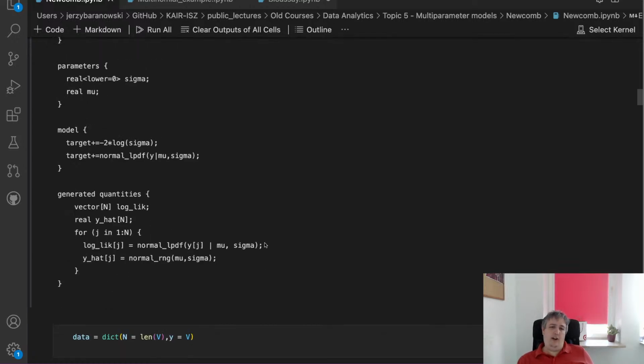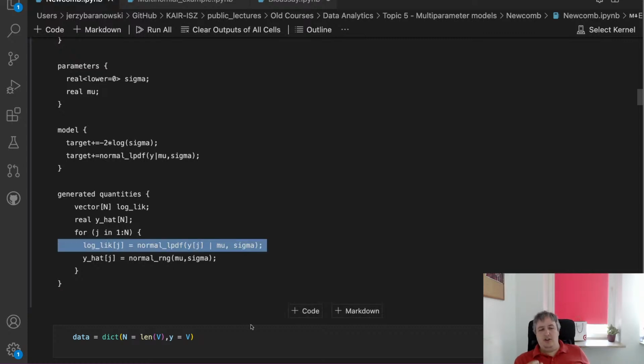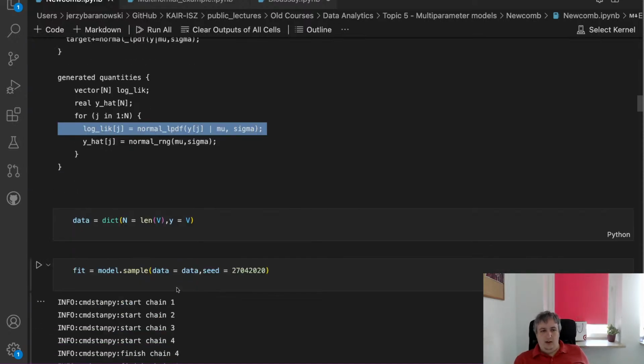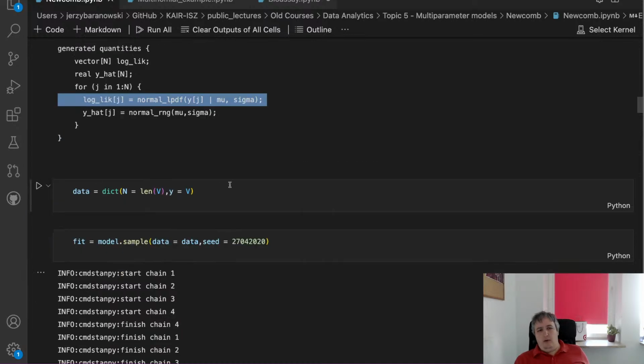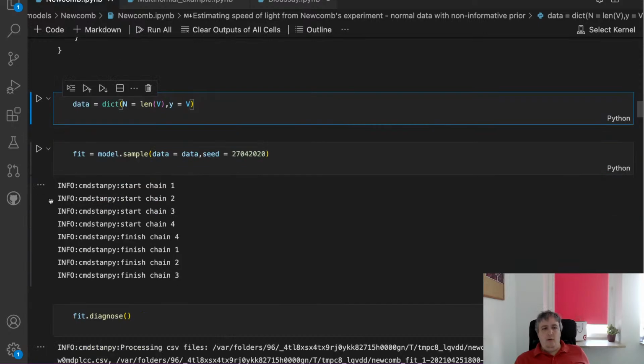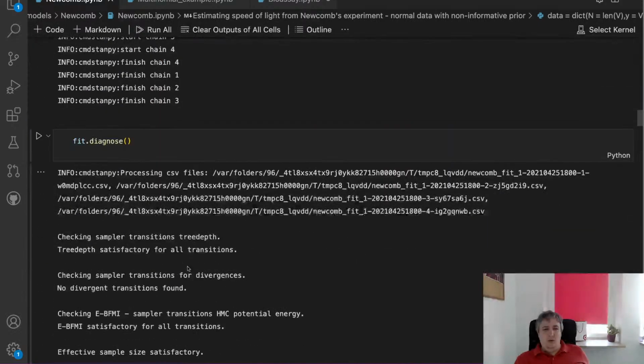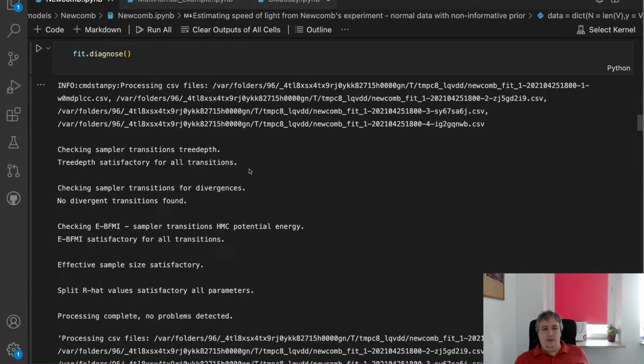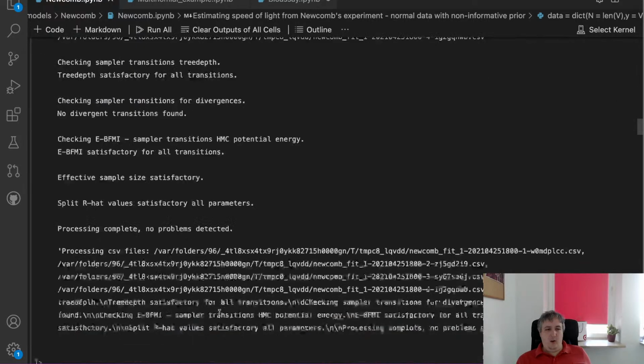We are adding something that you've already seen before, the log likelihood, which is something that we'll be using for model comparison. So we will discuss model comparison at the end of this example. For our data, we are just providing the velocity measurements and their number. We are fitting our model. We are doing the diagnosis of this model, which is generally okay.